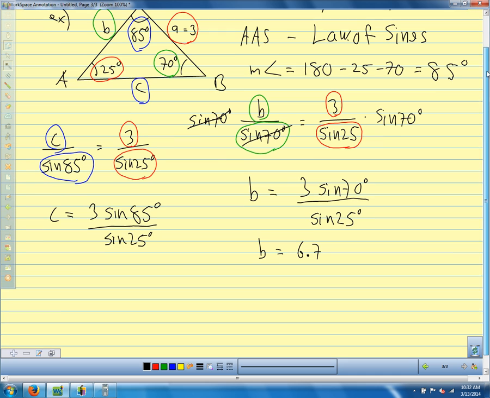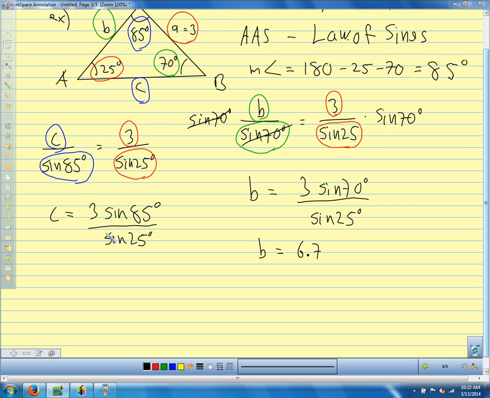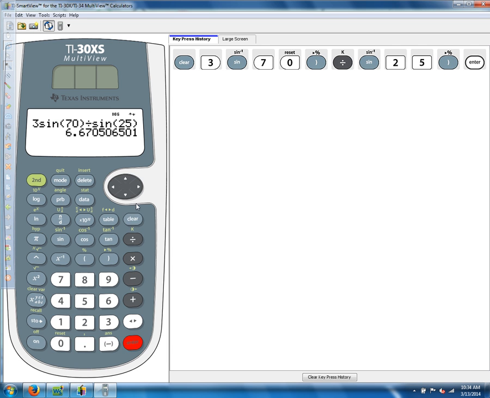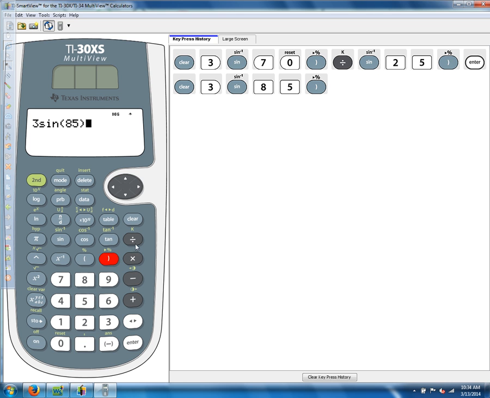And I can plug this into my calculator exactly the same way. So let's do that. Clear that out. 3 times the sine of 85. I'm going to close that parentheses. Divided by the sine of, what are we dividing by this time? 25? Yep. Close that parentheses.